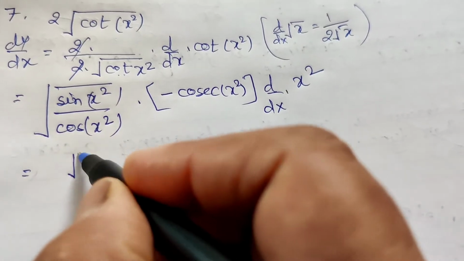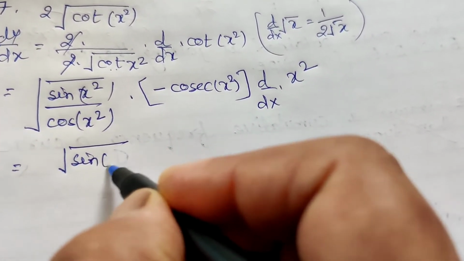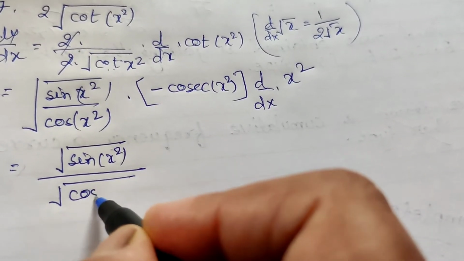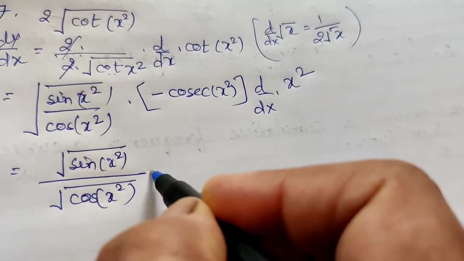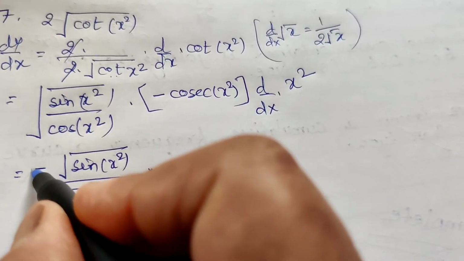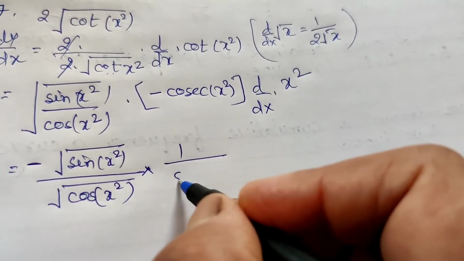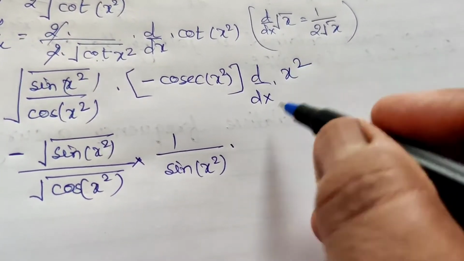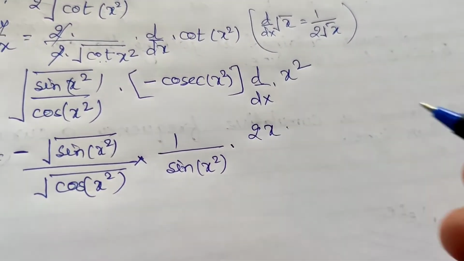Now under root sin x square by root cos x square into minus 1 upon sin x square, d over dx of x square is equal to 2x.